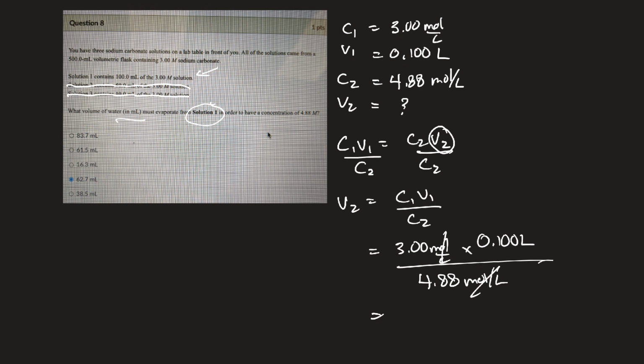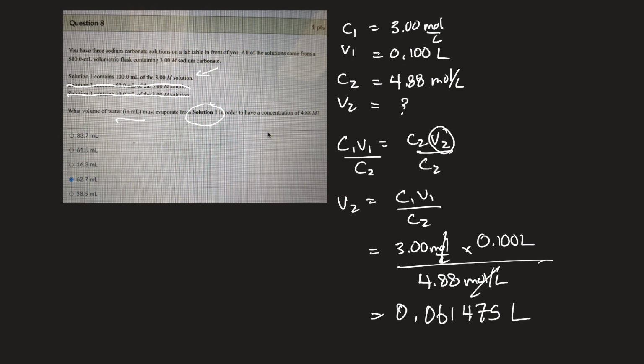So now 3 times 0.1 is 0.3, and 0.3 divided by 4.88 is equal to 0.061475 liters. So that needs to be my new volume.